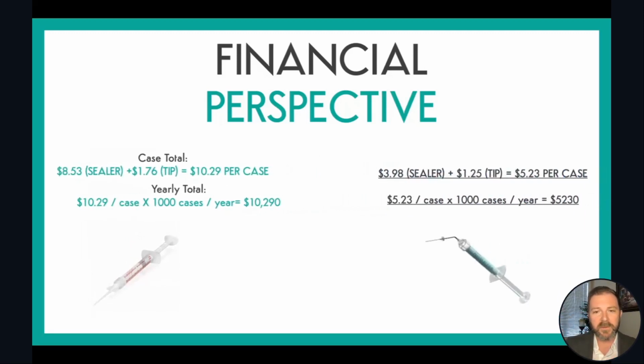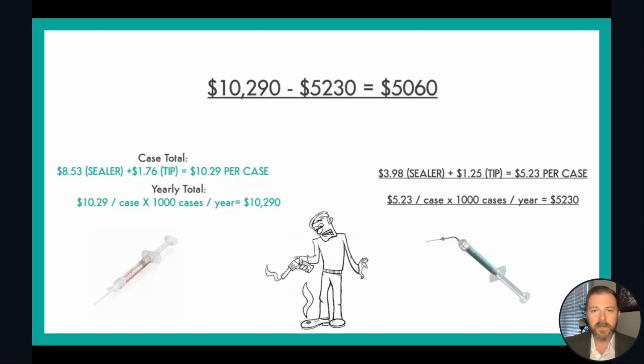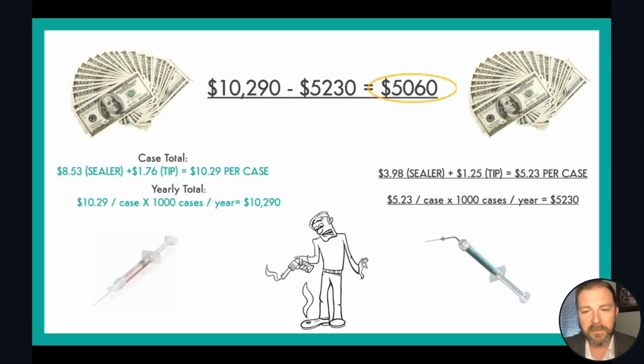So let's compare apples to apples here with NeoSealer Flow. The sealer itself is substantially cheaper, less than half. The tip is cheaper. And so you end up with a cost per case that's almost half. So again, if you multiply that out per year, you have a potential savings of over 5,000 bucks if you're doing 1,000 cases a year.